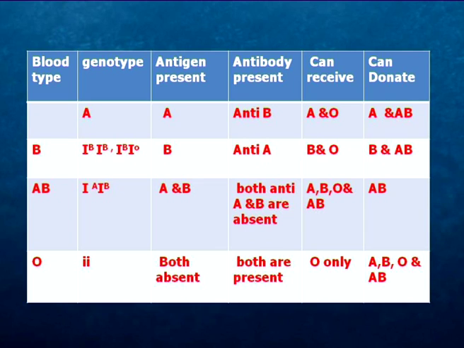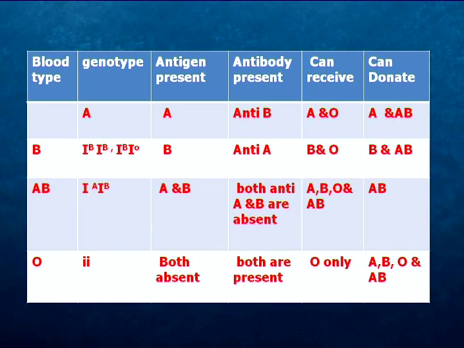Then the B phenotype, just like A, may be either homozygous or heterozygous: IBIB and IBIO. Then antigen B. Here the anti-B antibody won't occur, because the same antibody is absent. Anti-A antibody you find here.